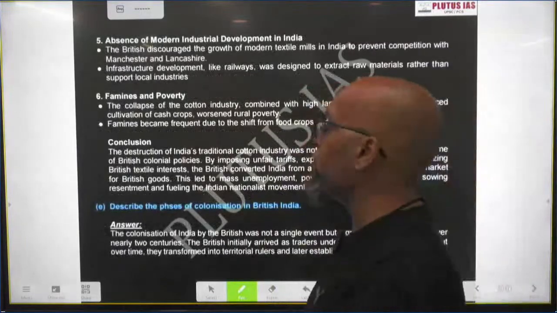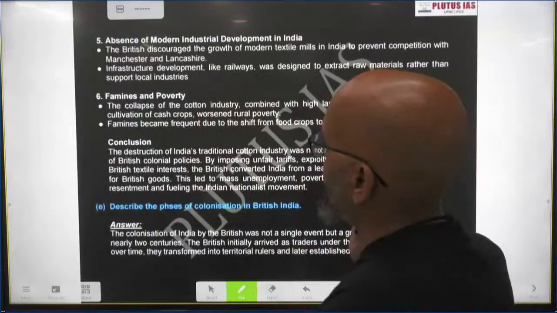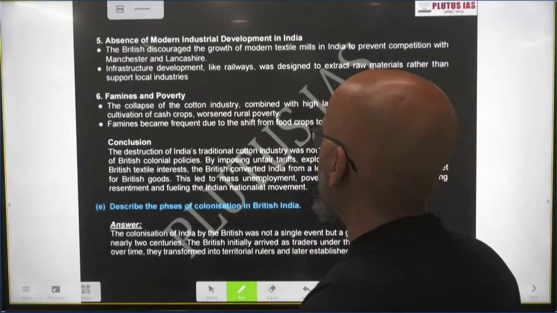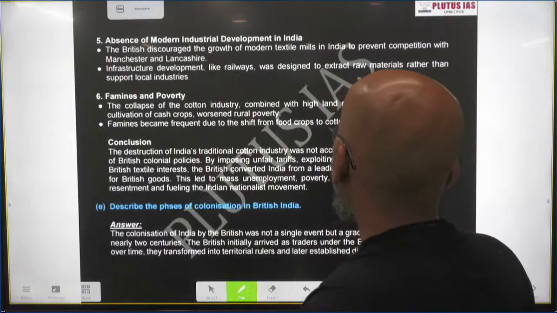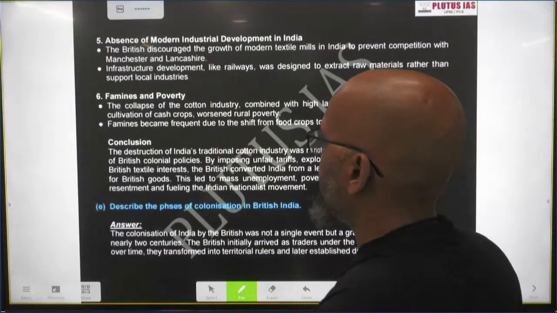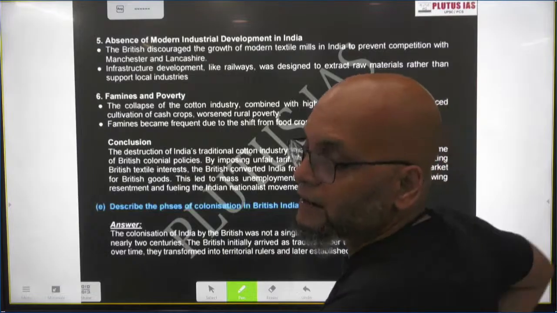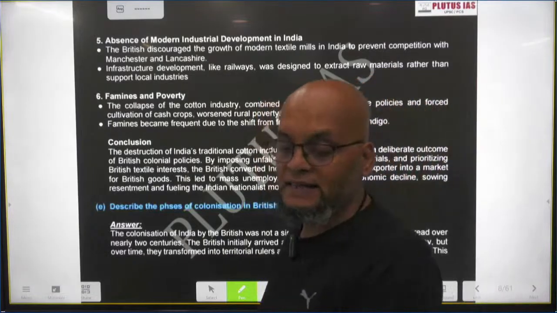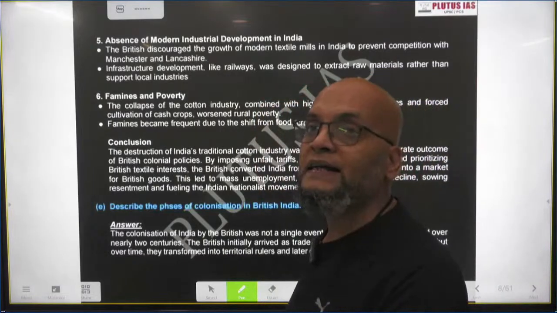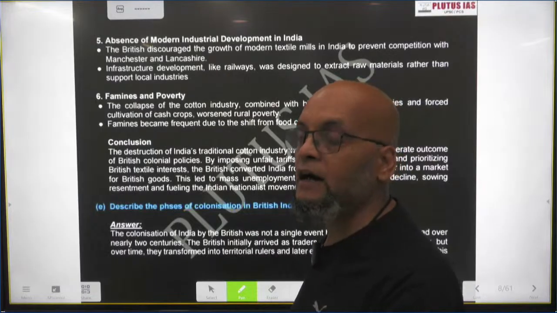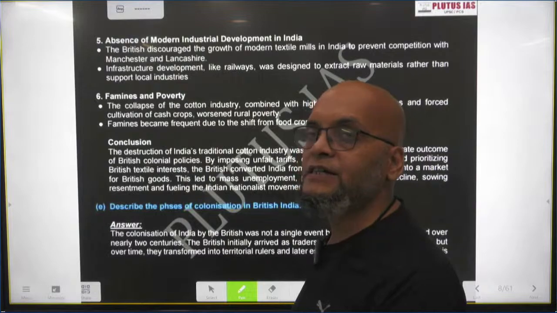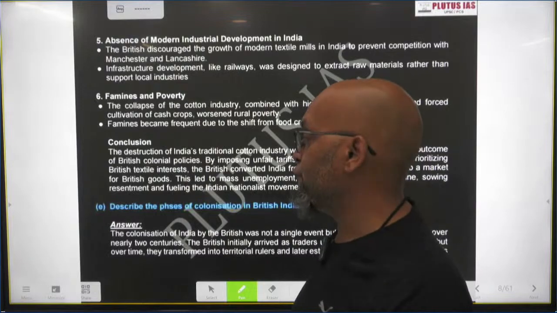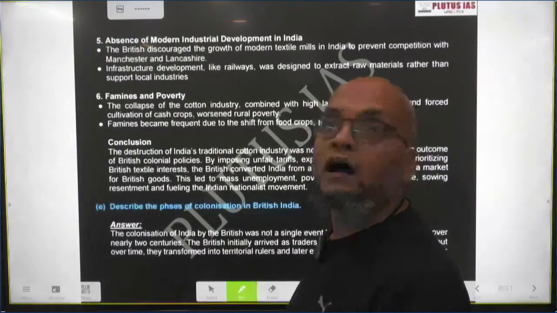Absence of modern industrial development in India. The British discouraged the growth of modern textile mills in India to prevent competition with Manchester and Lancashire. So they did not allow modern textile industries to develop in India, because if a modern textile industry had been established in India, it would have been a competition to the British.